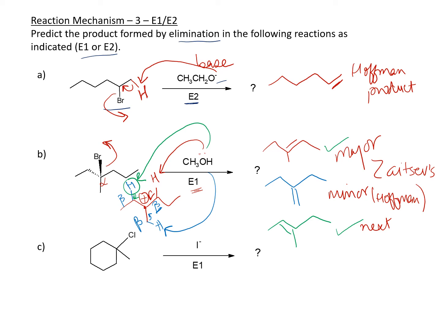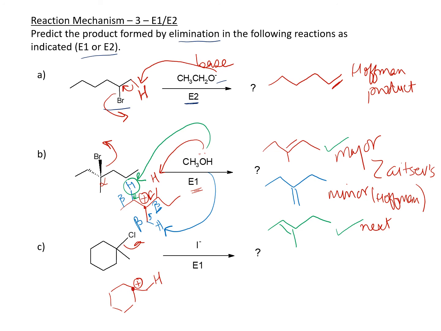Okay, let's look at the next one now. In this case, we have a tertiary halide, which means that as soon as the chloride leaves over there, then we have something like this. Iodide here is my base. So again, the first thing that I always do is I look for my beta protons. Here is the beta proton, because this is the alpha carbon right here.